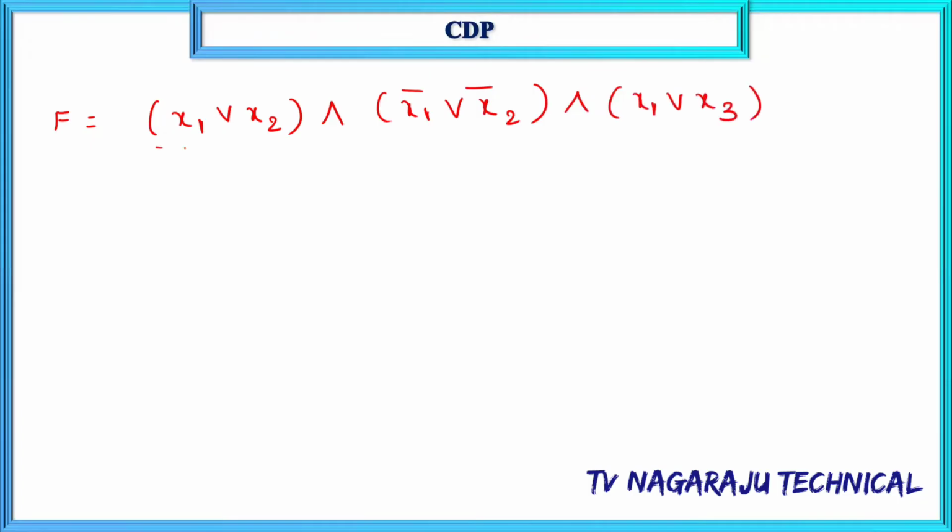So here I am taking three clauses, suppose C1, clause 1, clause 2, clause 3. This is a satisfiability problem example. Now clique decision problem. How is the example of clique decision available? Clique problems are in the form of a graph. So you need to convert this F into graph format.